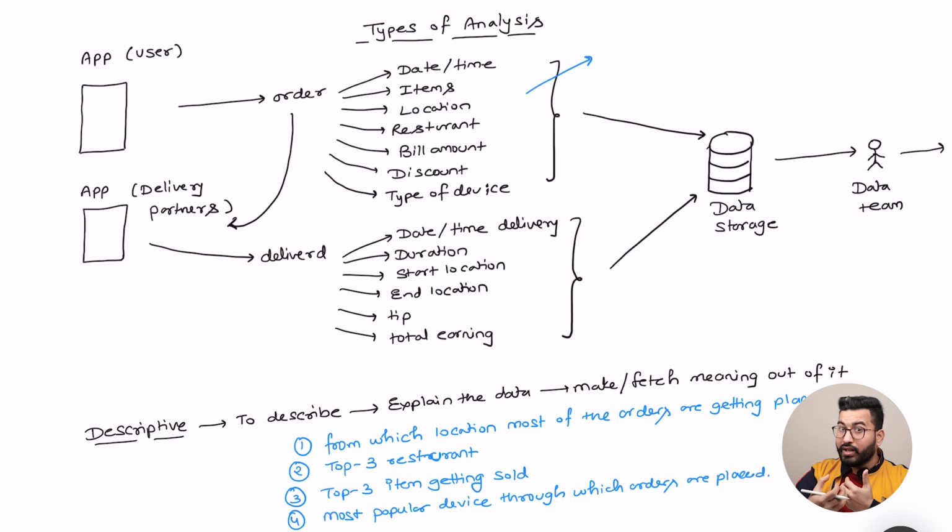I'm trying to fetch relevant information which is useful for my business. That's what descriptive analytics is. Now, definitely we need some kind of measures, techniques and tools to do this, but we will talk about it later. Is that clear, everyone?